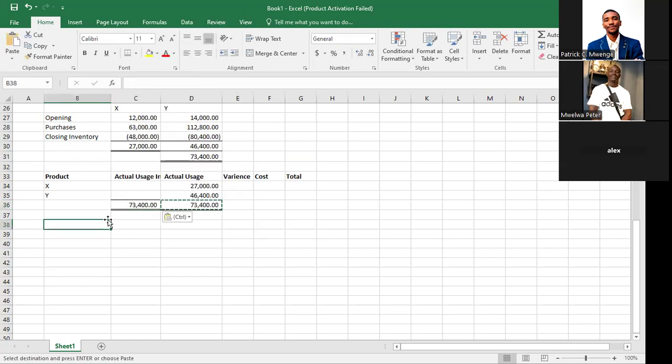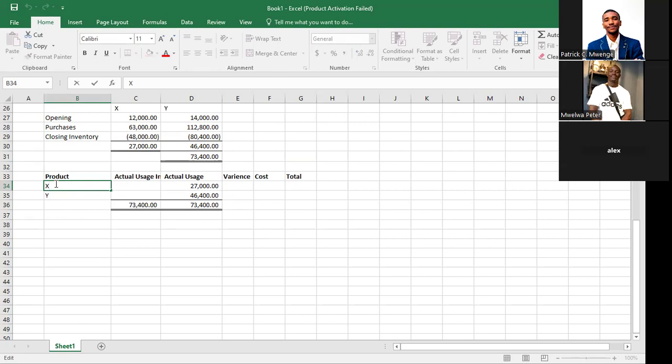So how do we find the actual usage in the budgeted mix? What is the production mix for X and Y? How many kgs of X are supposed to be used to produce 1 unit of this product?